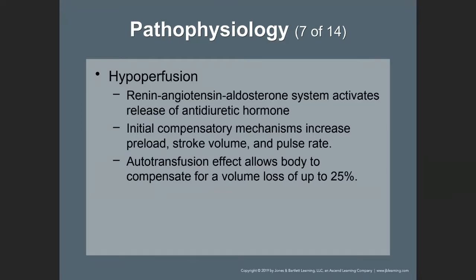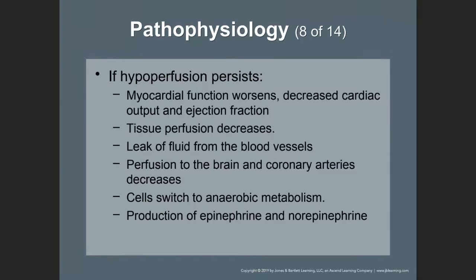Autotransfusion simply means that there will be shifting of fluid to areas where there is a drop in fluid. If hypoperfusion persists, myocardial function worsens, and this decreases cardiac output and the ejection fraction. Tissue perfusion is going to decrease.